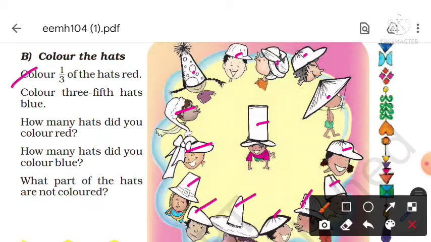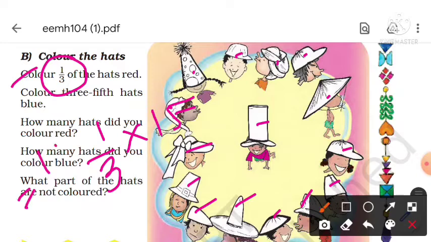We have to color 1/3 of the hats, that means 1/3 of, a multiply sign, and the total number of hats is 15. So it is 15/3, which is 5. So out of 15 hats, the number to color red is 5. So 5 hats to be colored red.